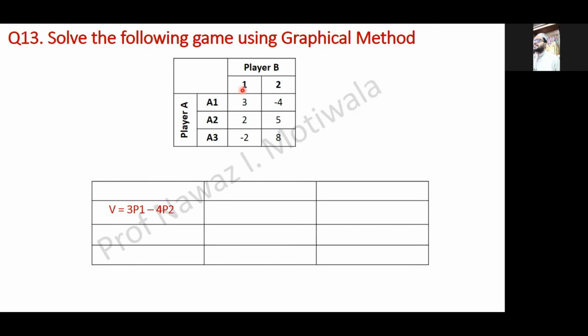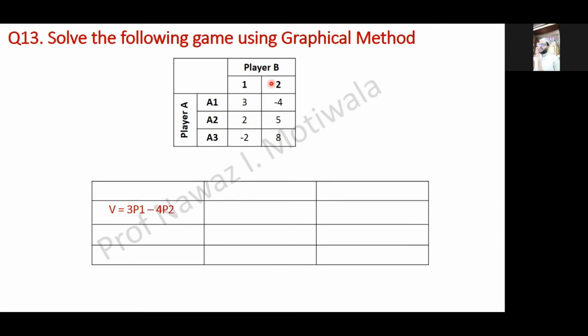Okay, for player B playing strategy 1, I am naming this P1 and this I will use as P2. Now, the concept which we have seen, the value of the game will be 3 times P1 minus 4 times P2. So this is one of the value of the game equations. Similarly, I can write another equation as 2 multiplied by P1 plus 5 multiplied by P2.